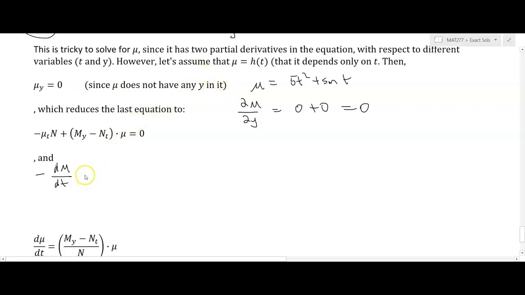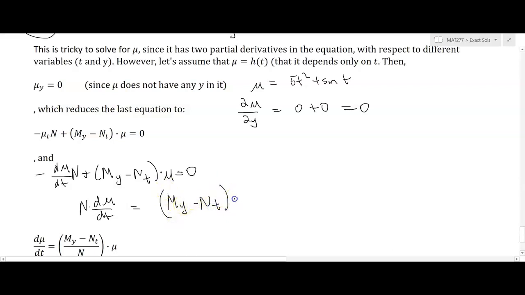It's not a multivariate function, by assumption. Plus (M_y minus N_t) times mu equals 0. If I move d mu dt over, this is times N, it's an N there, so N times d mu dt equals (M_y minus N_t) times mu.